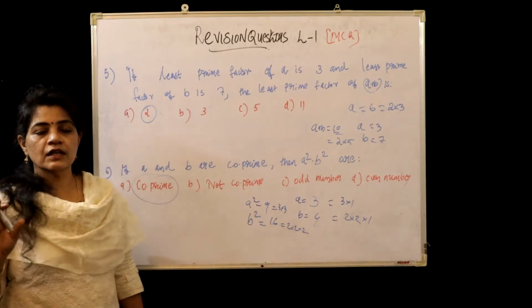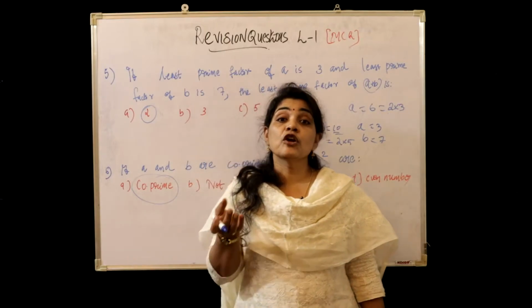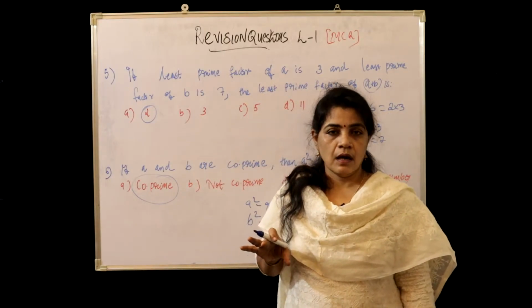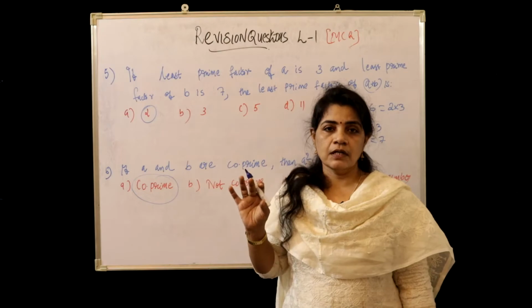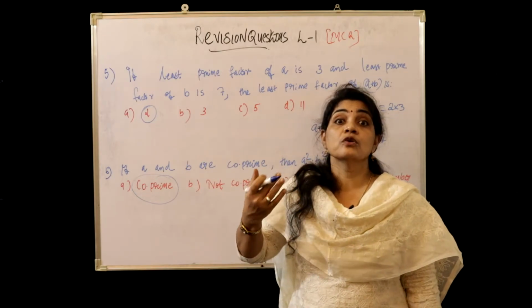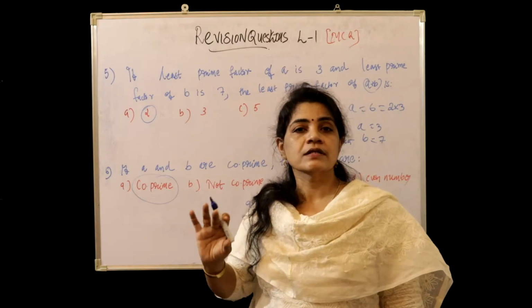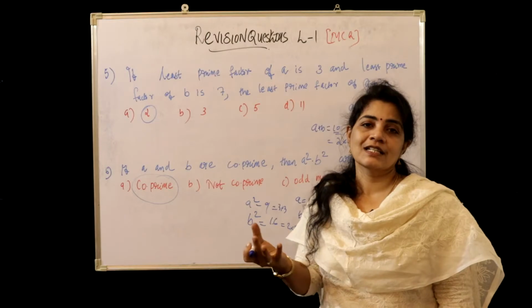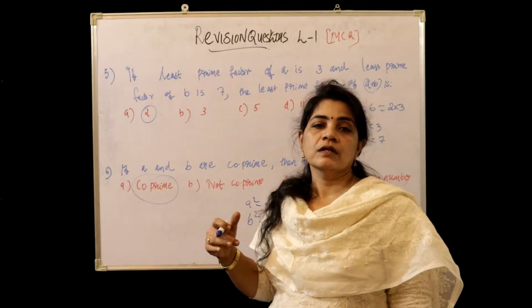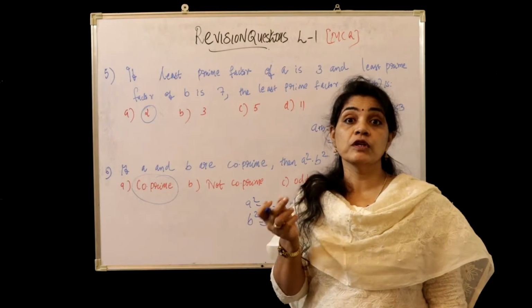So the definition of co-prime number is clear, children. Any numbers, it need not be prime numbers. Understood? Any numbers whose HCF is 1, or which do not have any common factor other than 1, are said to be co-prime numbers. For example, all consecutive numbers are co-prime numbers. And we also know twin prime numbers.